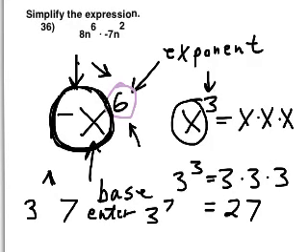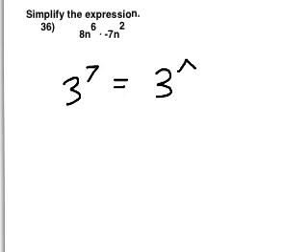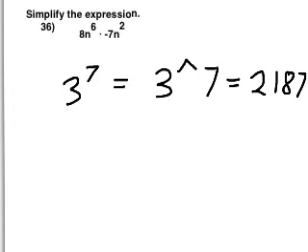So where's my calculator? It's hiding here. So if you have 3 to the 7th power, on the calculator you put 3 and then push the caret button and then push 7, and the answer will be 2187. The answer will come right up.